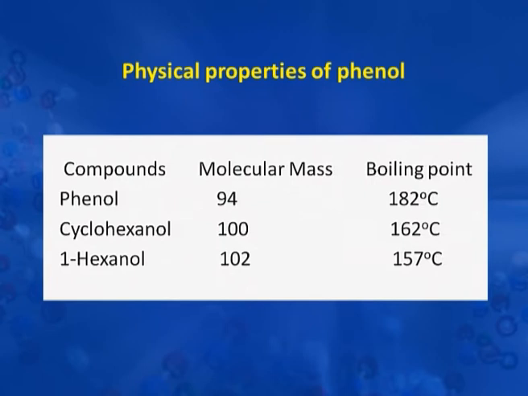In this particular case, we have taken the examples of phenol, cyclohexanol and 1-hexanol. Phenol is an aromatic compound, whereas cyclohexanol is a cyclic aliphatic alcohol and 1-hexanol is an aliphatic alcohol. The molecular mass of the three molecules is almost comparable, but when we look at the boiling point of the three molecules, we see that the boiling point shown by phenol is maximum compared to cyclohexanol and 1-hexanol.